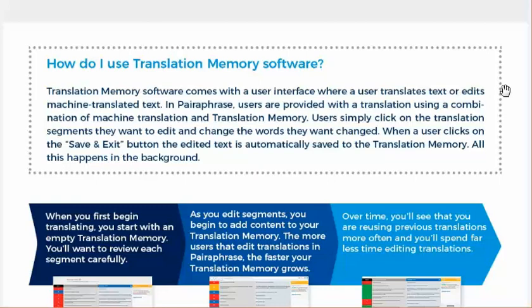Users simply click on the translation segments they want to edit and change the words they want to change. When a user clicks on the save and exit button, the edited text is automatically saved to the translation memory. All this happens in the background.